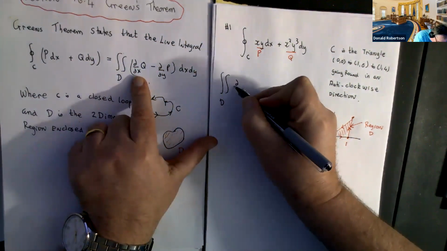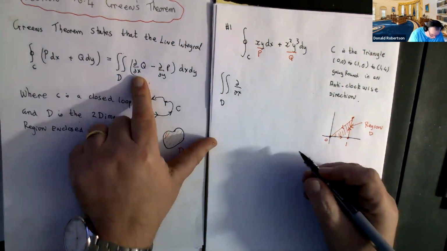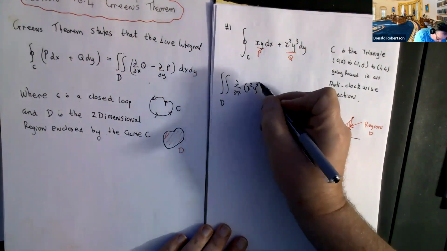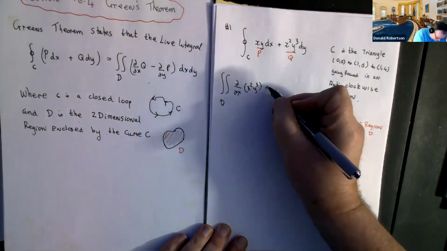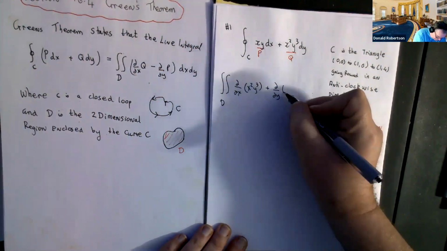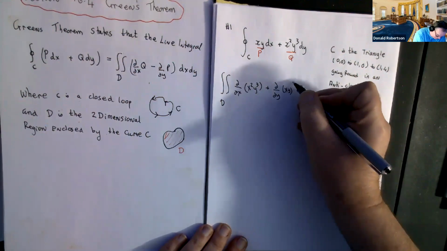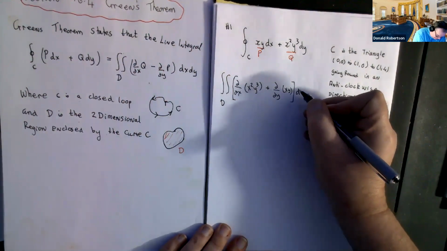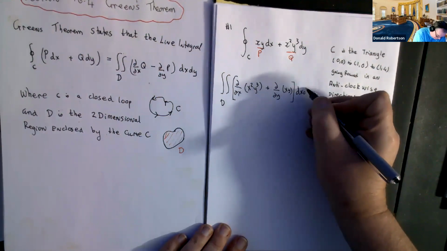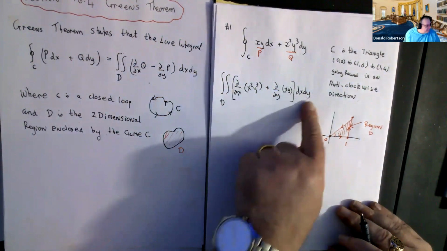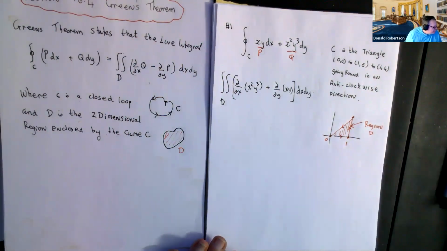The partial derivative of x squared y cubed, because that's Q, plus the partial derivative with respect to y of this guy, integrated with respect to that double integral, dx dy. I may change the order of them. We'll find out in a minute whether I should.